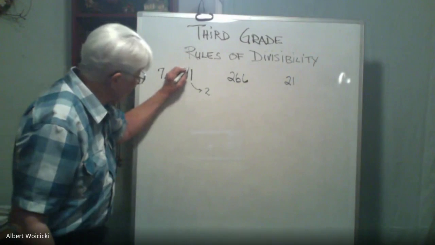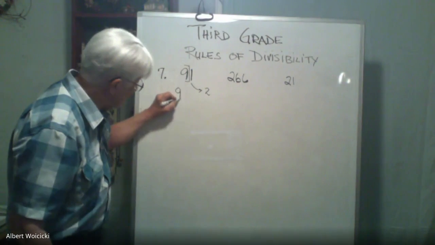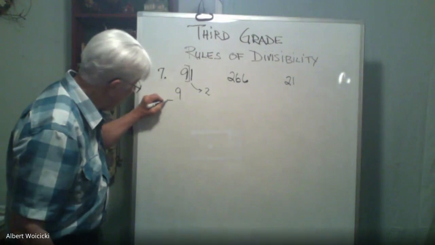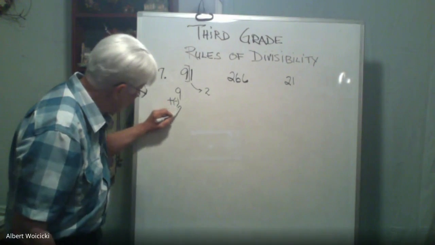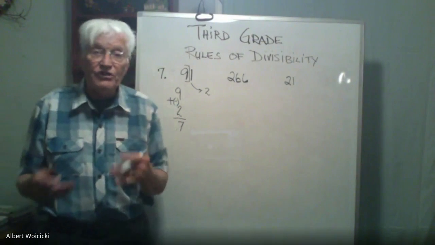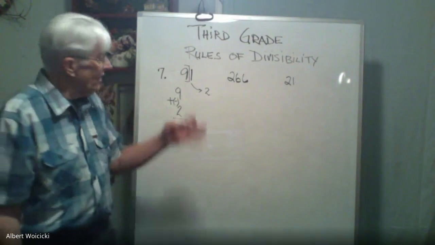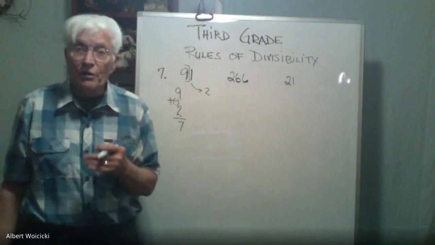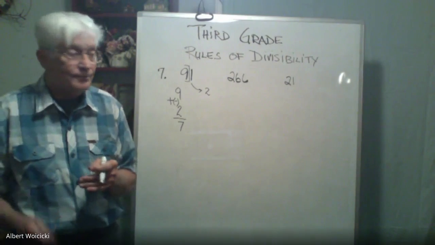And that's the truncated version of the number. So I just have a 9, and I subtract, or I add the opposite now of 2, and I get 7. And everybody knows that 7 is a multiple of itself. So, wow, I know that 91 is a multiple of 7. It is. 7 times 13 is 91.